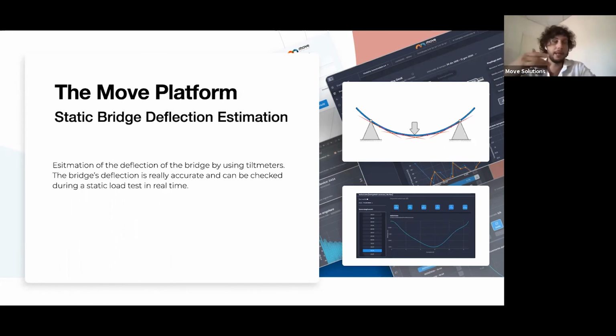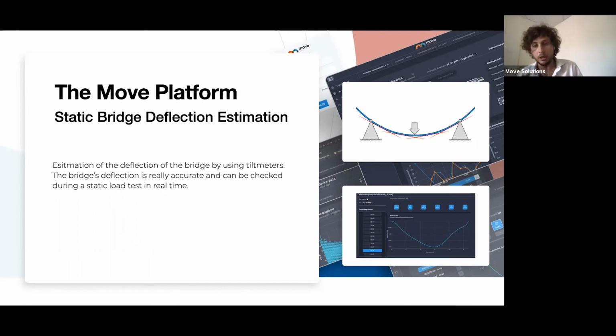Let's say the tilts need to sample every 2 minutes or a certain time like that; you can have an update of this load test deflection every 2 minutes automatically with our system, for example. And now the algorithm, as I said before, is not linear. It's a non-linear equation, a fitting of a function that best fits the deflection, given some conditions.